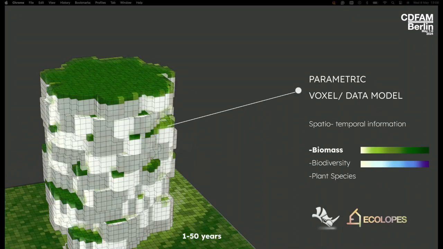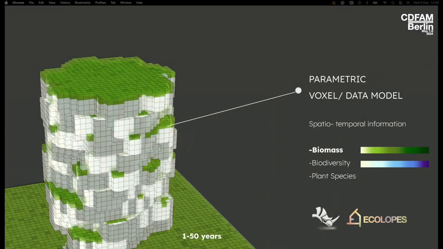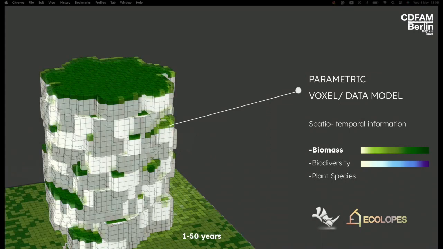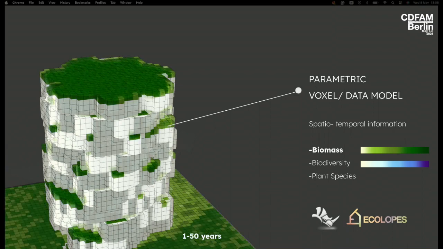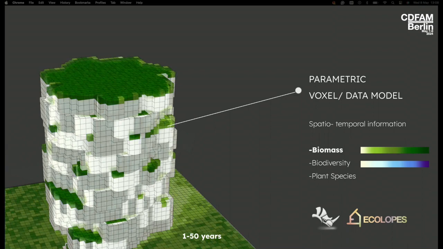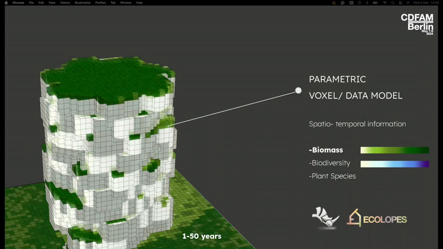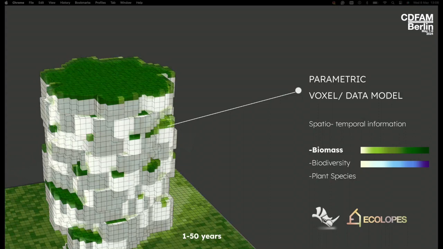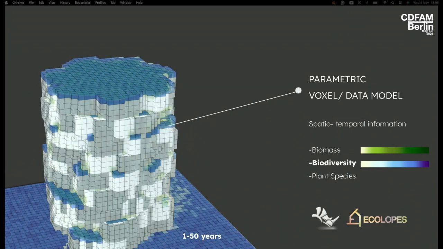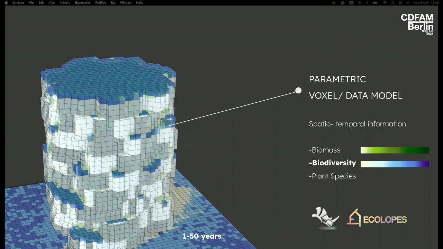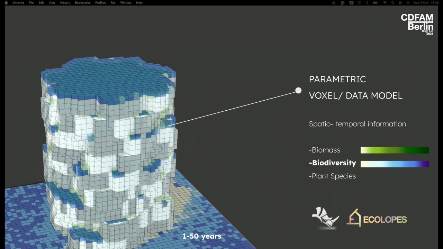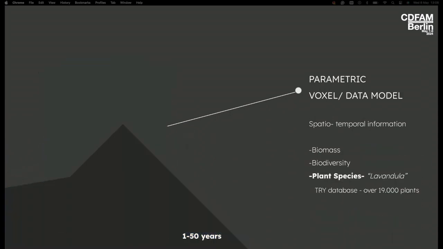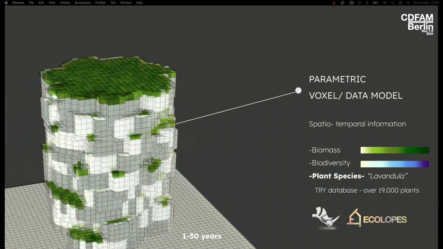Well, as mentioned before, behind these green areas there is a volumetric data model, a voxel model. That voxel model displays ecological analysis results such as biomass. Then we have biodiversity, which is the richness of the species per cell. And then we can also simulate the occurrence of one specific species.